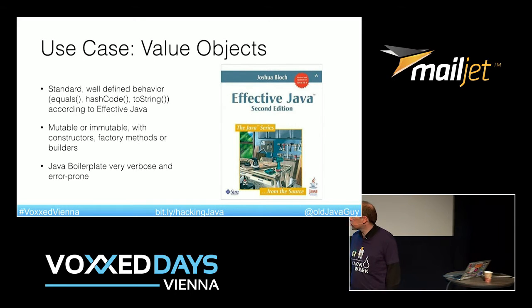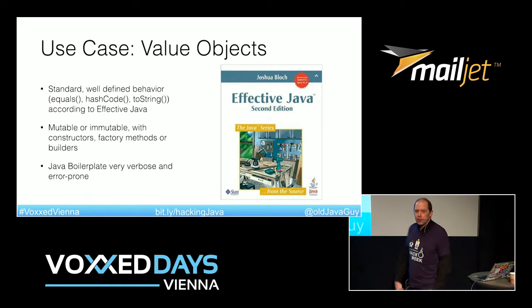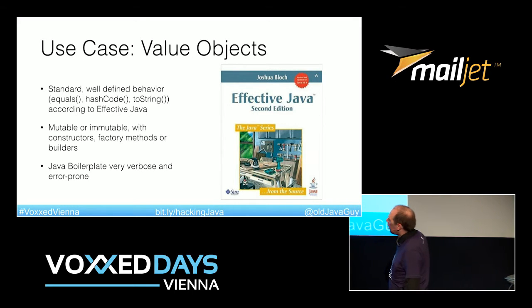So a value object is just an object that usually has a few properties. But in Java, if you've all read this book, Effective Java, which I hope you have, otherwise please go ahead and read it. You're not a good Java developer until you've read and understood this book.